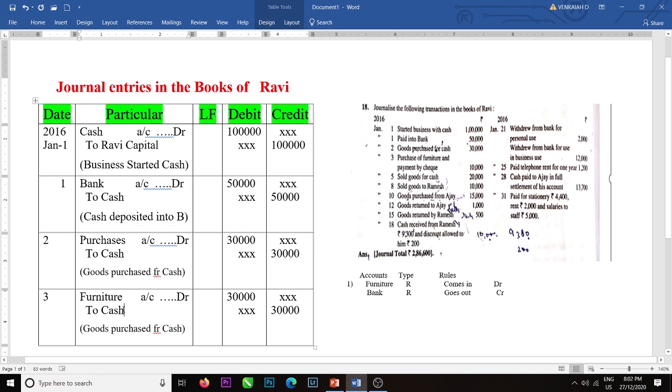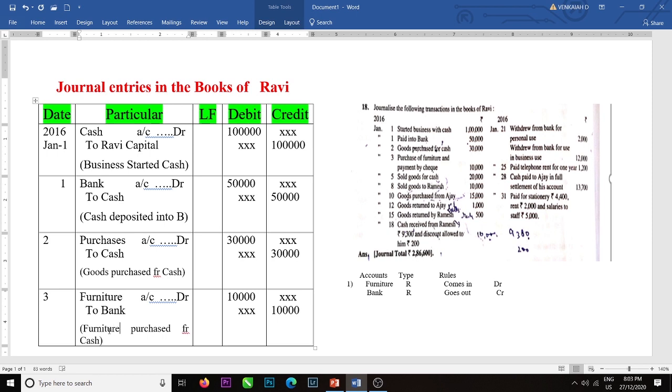Furniture account debit to bank account. Amount is 10,000. Furniture purchased and check issued. We can write like that. Okay. Next date.